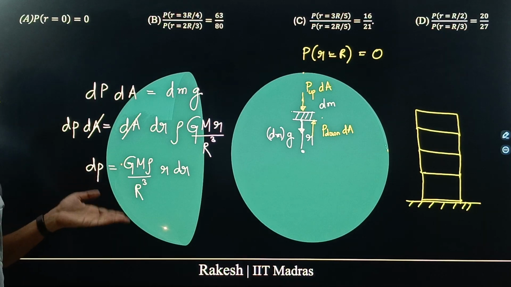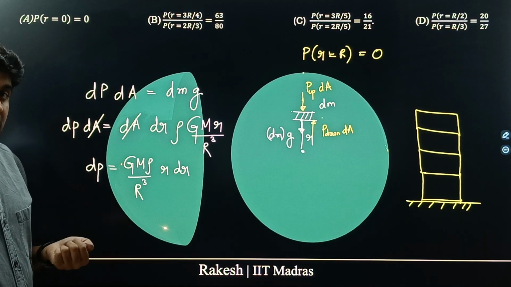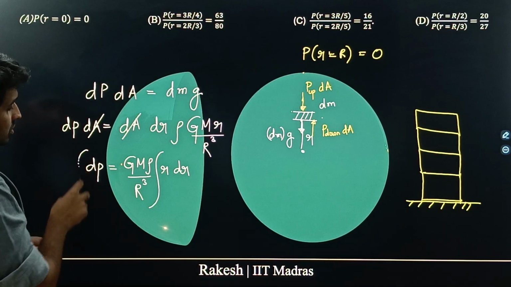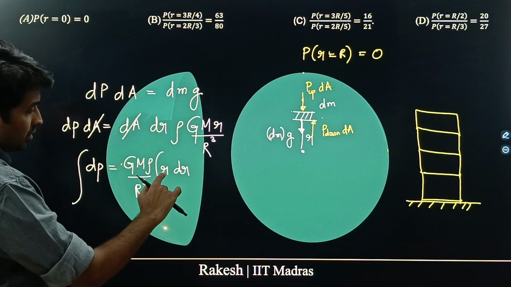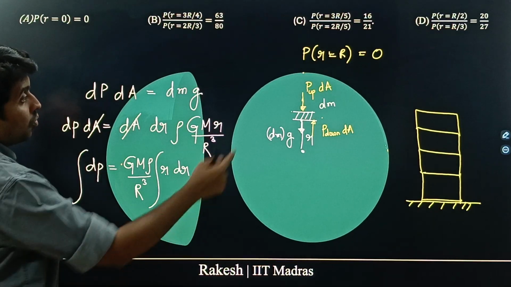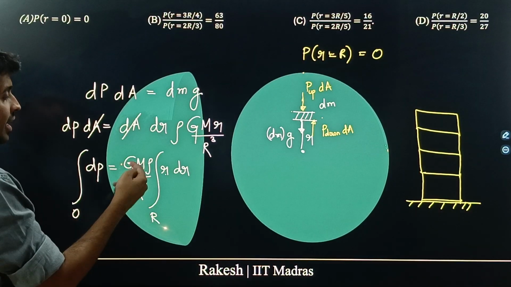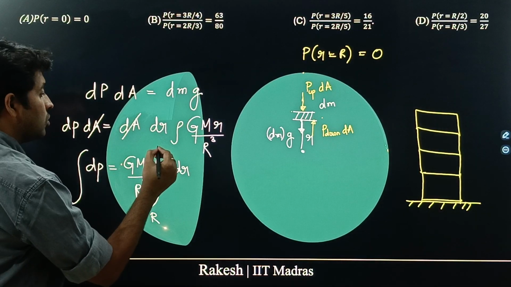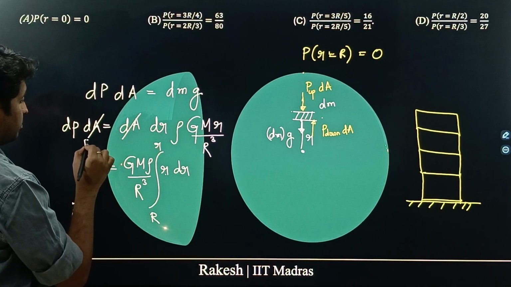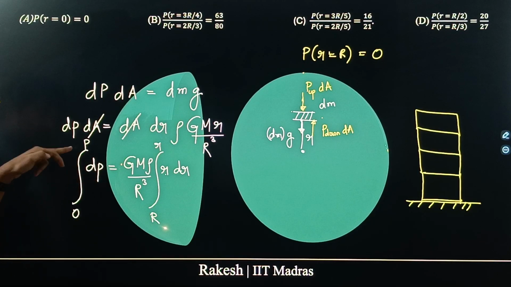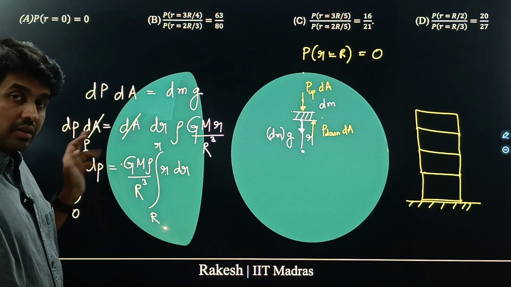So now what we can do is at different points we can find the pressure. Let's integrate this. At small r equal to capital R, what was the pressure here? Tell me. It is 0. And at r equal to some r, the pressure is some P. Now we can get an expression, the relation of P with r.